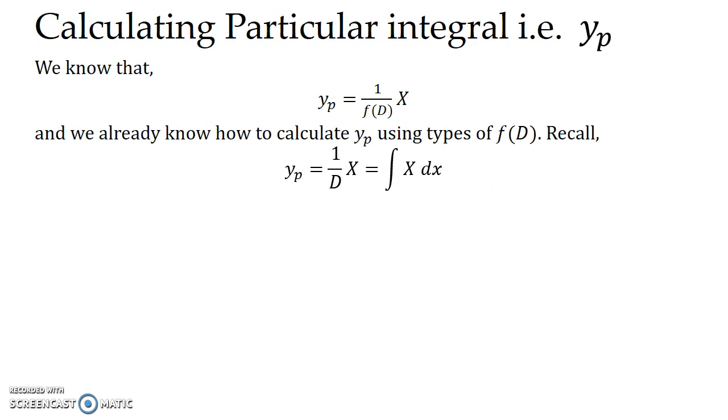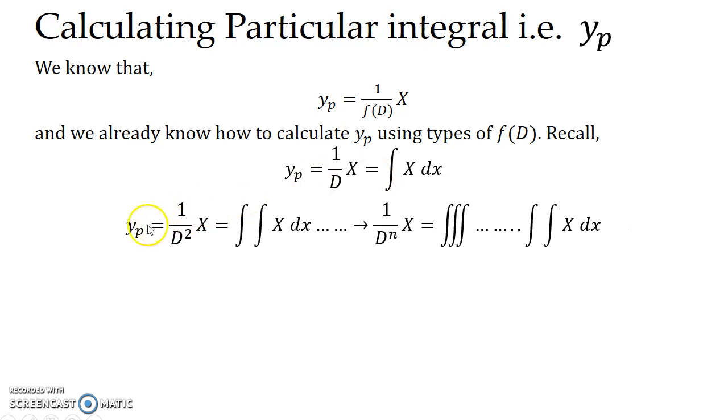So let us recall that if 1 upon F(D) is 1 upon D, that is just an integral operator, so it is nothing but the integration of x dx. Similarly, if you have YP equal to 1 upon D square operating on x, it is just the integration of x two times.